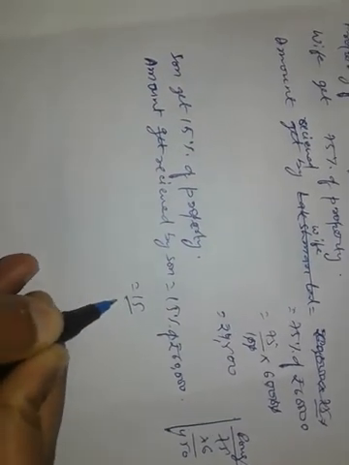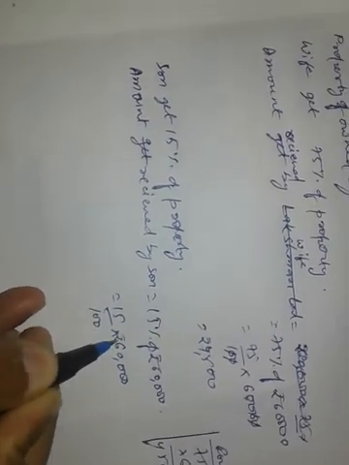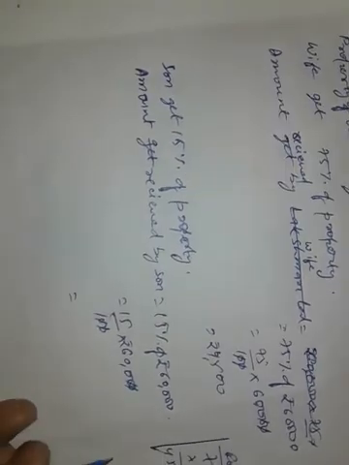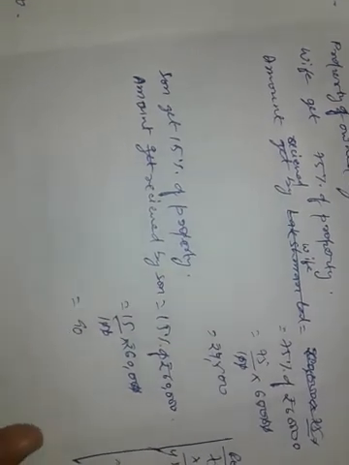It is 15 by 100 into 60,000. Now we cut this. How much do you get here? 6. 15 sixes are 90, if you know it. If you don't know it, then you multiply.